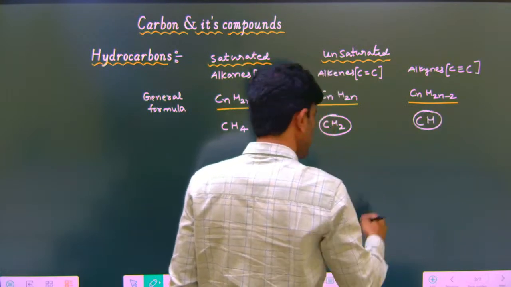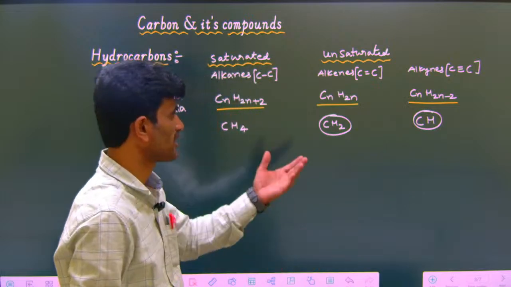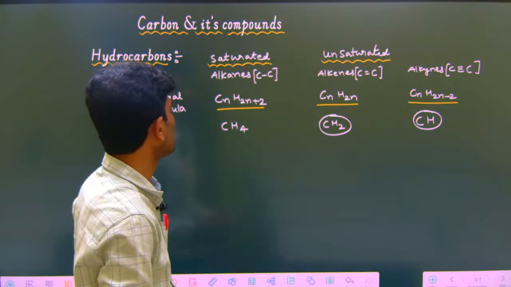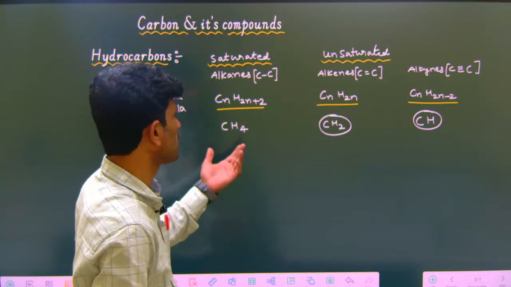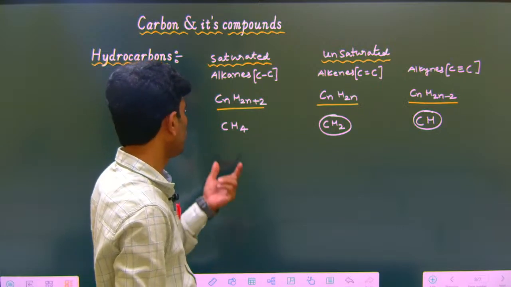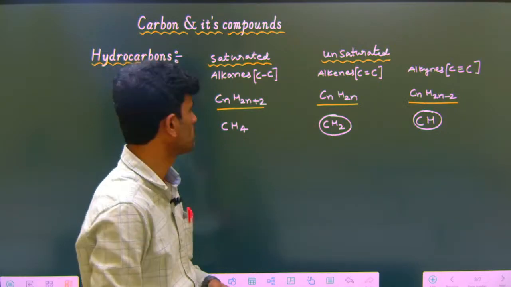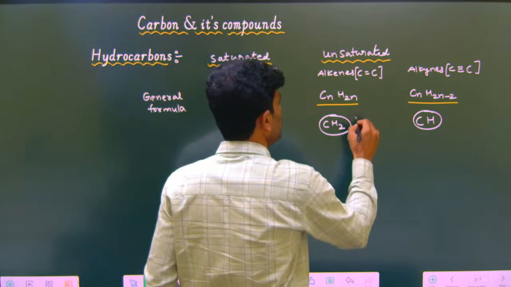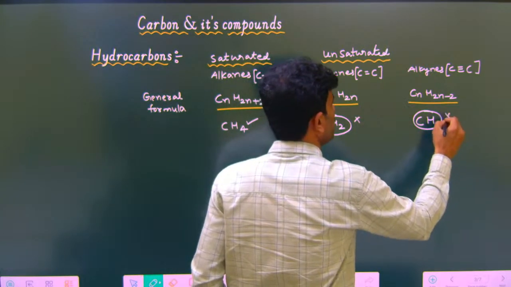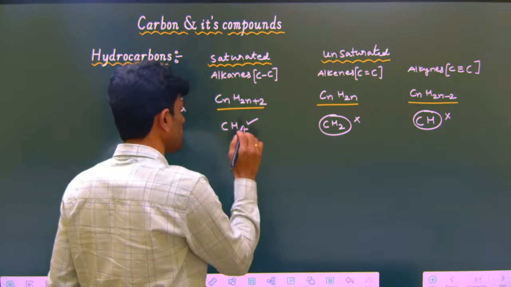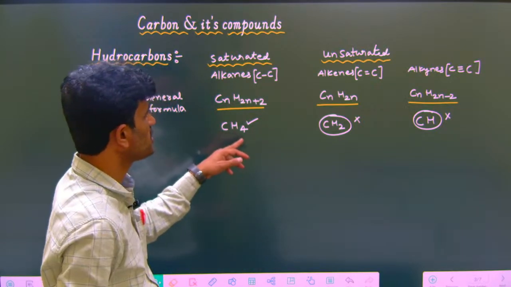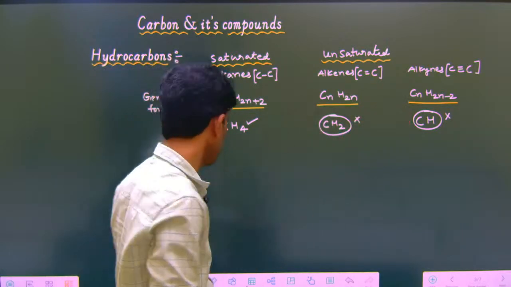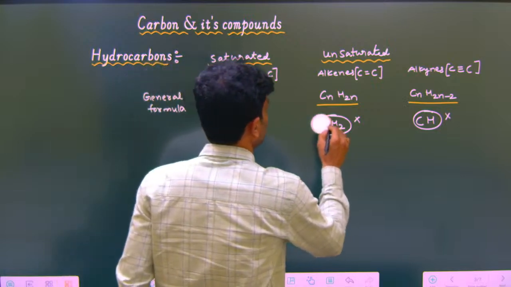Why? We'll discuss that again when we draw the structures. First we will discuss how to write the molecular formulas. So methane is possible, but remember there is no methene or methyne. Why, we will discuss later, but you remember it.